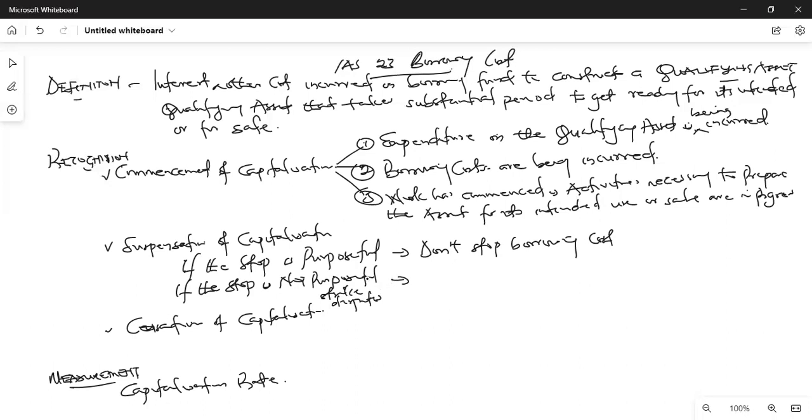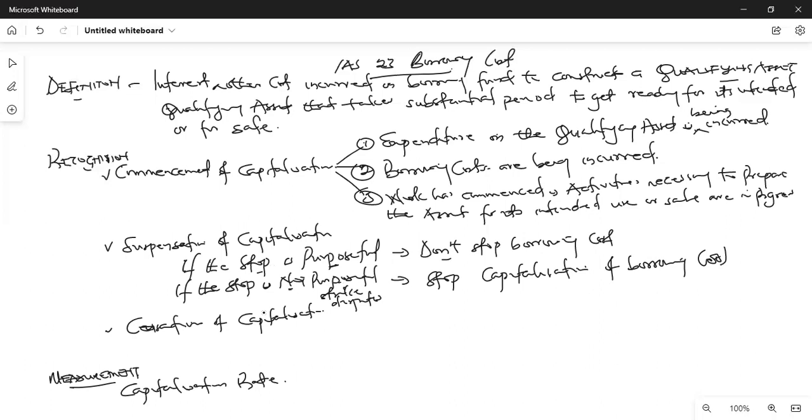It's just about the people. In that case, you need to stop capitalization of borrowing cost. So if the stop is purposeful, then you don't stop. But if the stop is not purposeful, then you have to stop borrowing cost capitalization.